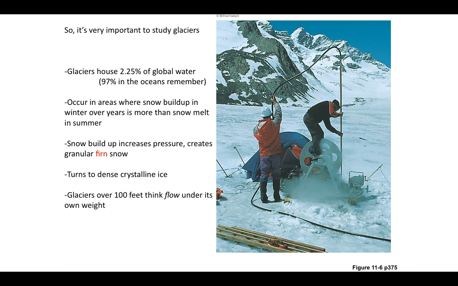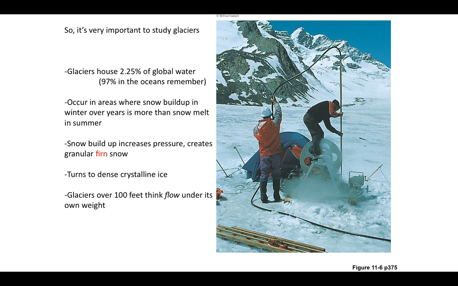When snow builds up, you have an increase in pressure. That creates something we call granular firn snow. I'm going to show you the definition of that in just a minute. That granular firn snow is the kind of loose snow that's going to be on top. Inside this glacier, underneath, you can see a hint of the blue. If you've ever been to a place that has a glacier, maybe somebody warned you not to ever touch the blue ice. And if we were in class, I would say, do you know why?